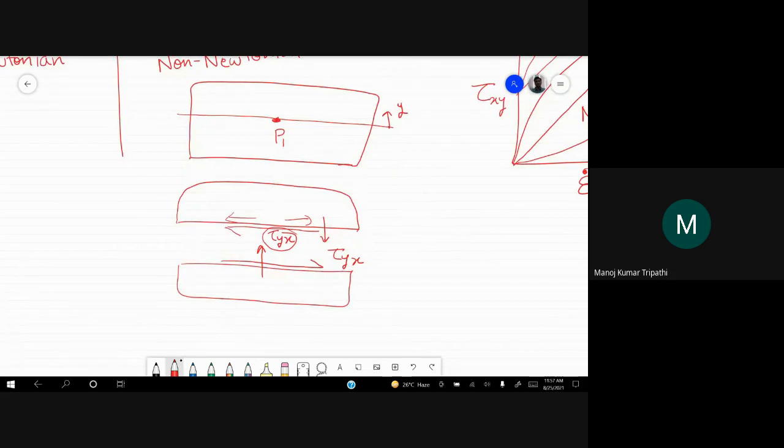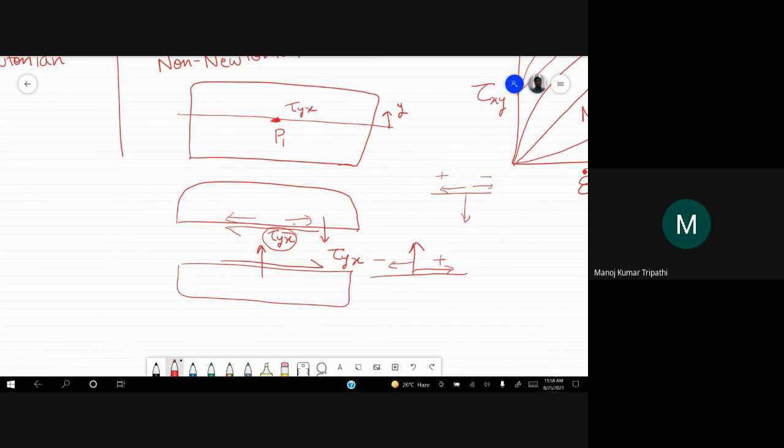If someone asks the stress at point P1, we will say it is tau yx positive, if our convention is that for positively oriented surfaces, we will consider the force to be positive in positive x, negative in negative x. For negatively oriented surfaces, we will consider this direction to be positive, this direction to be negative.